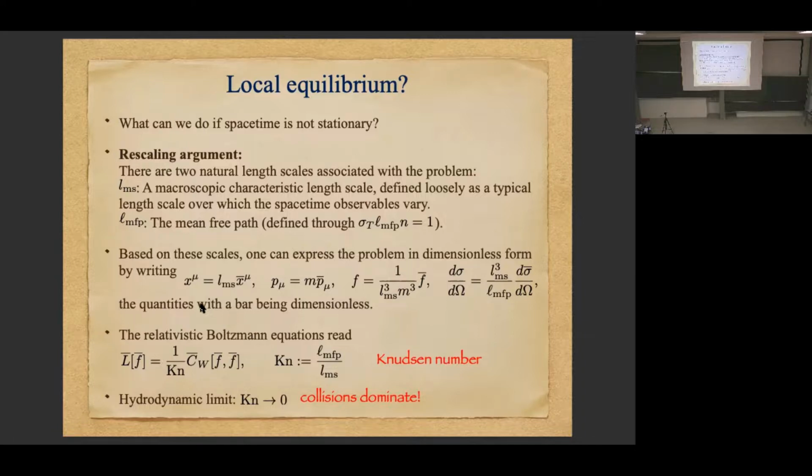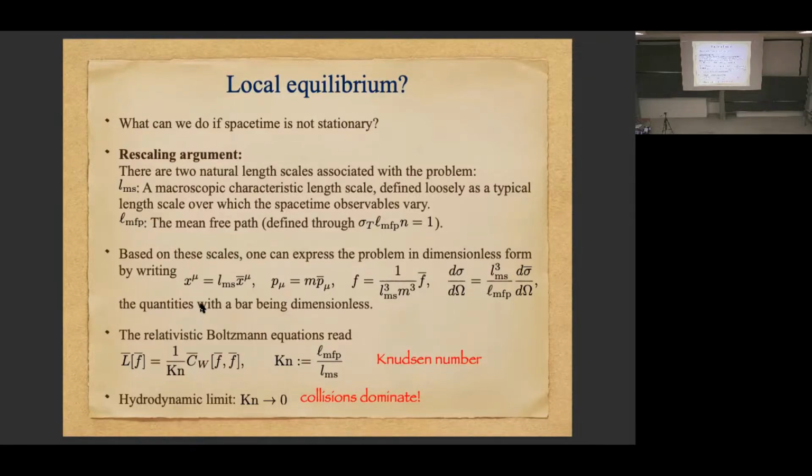So you rewrite the Boltzmann equation in terms of these dimensionless quantities. And what you see here is that you have again the Boltzmann equation, but in front of the collision term now you have 1 over Kn, where Kn is called the Knudsen number. That's the ratio between the mean free path and this macroscopic length scale.